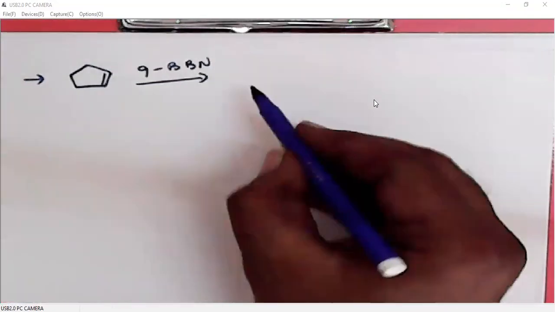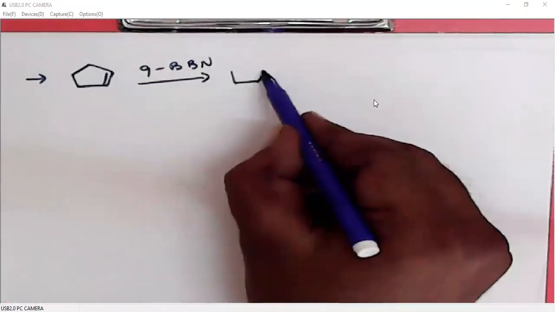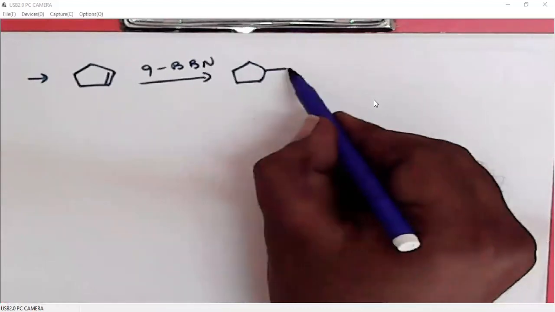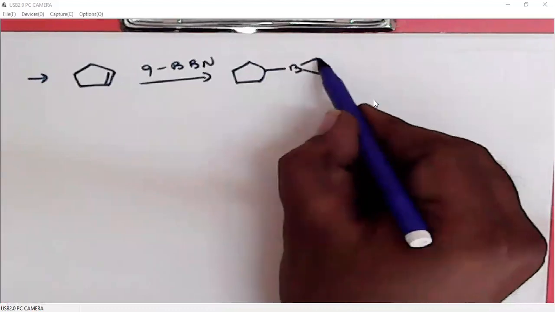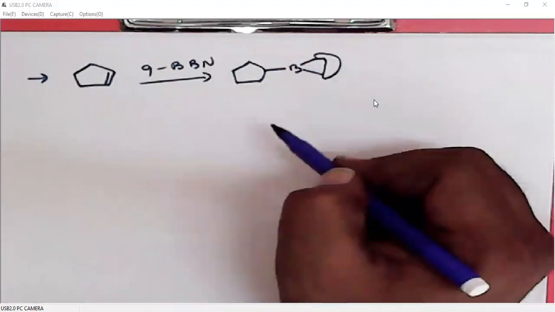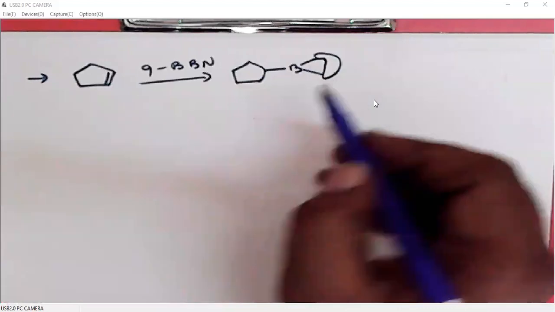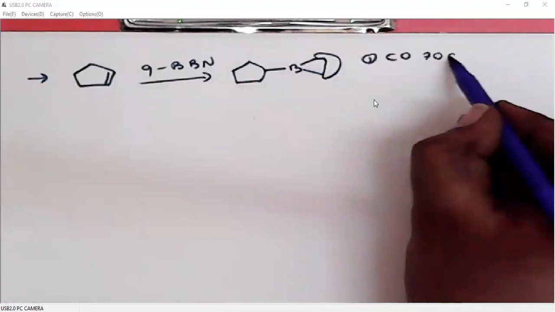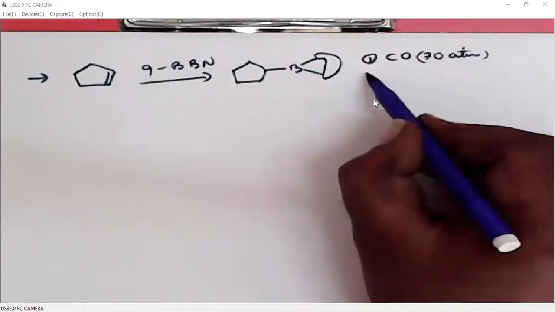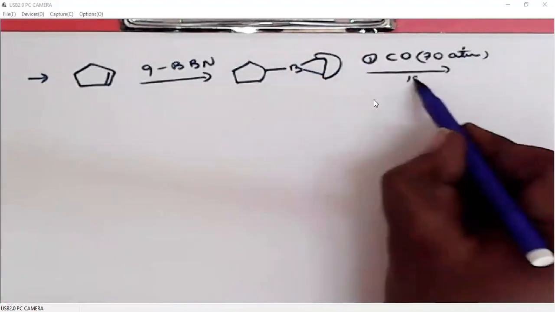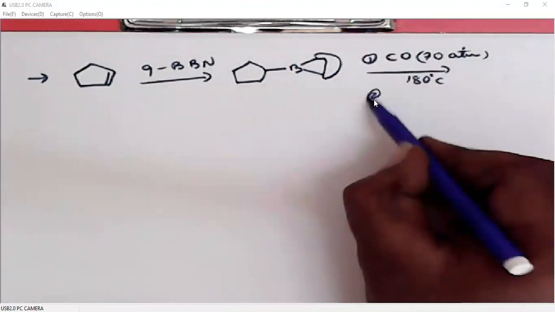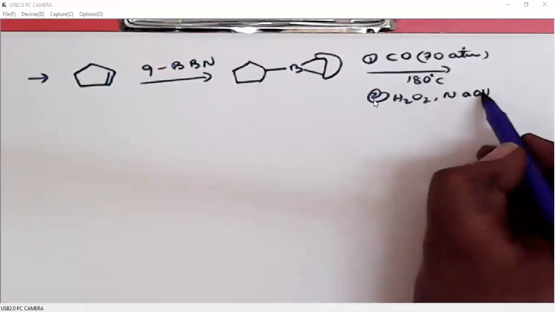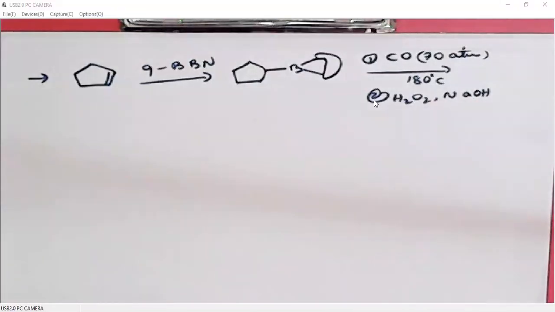When we add 9-BBN to this alkene, we will get this. This is a shortcut representation, right? Then we treat this compound with carbon monoxide at 180 degrees centigrade and treat with sodium hydroxide and hydrogen peroxide.